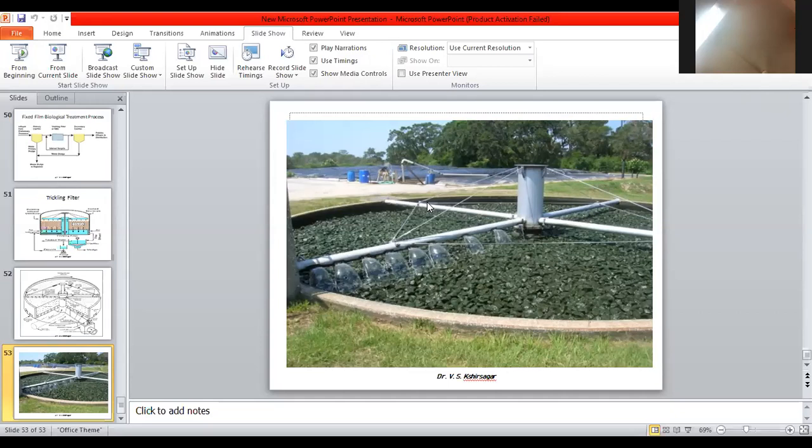Next point. The filter media usually consists of either rock or a variety of plastic packing material.